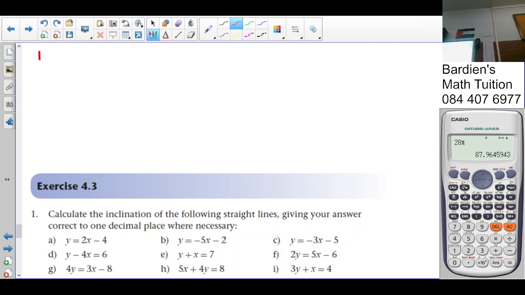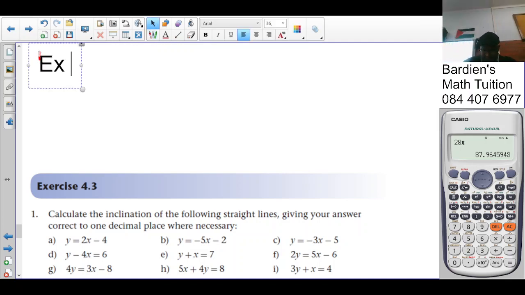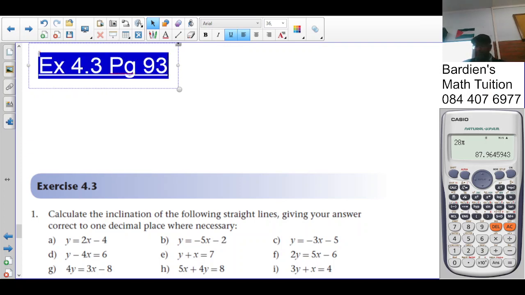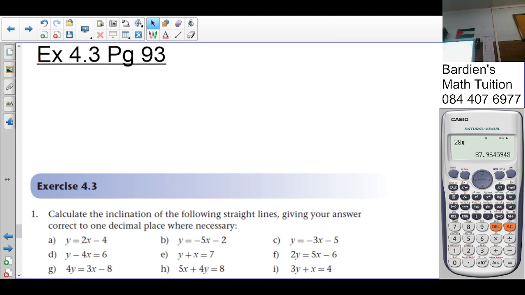Number 1. This is exercise 4.3, and it's on page 93. Alright, so we're going to go with 1a.